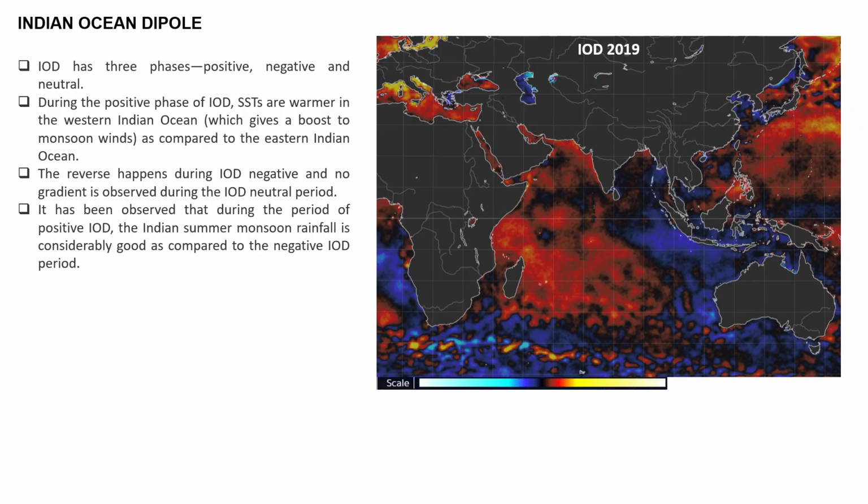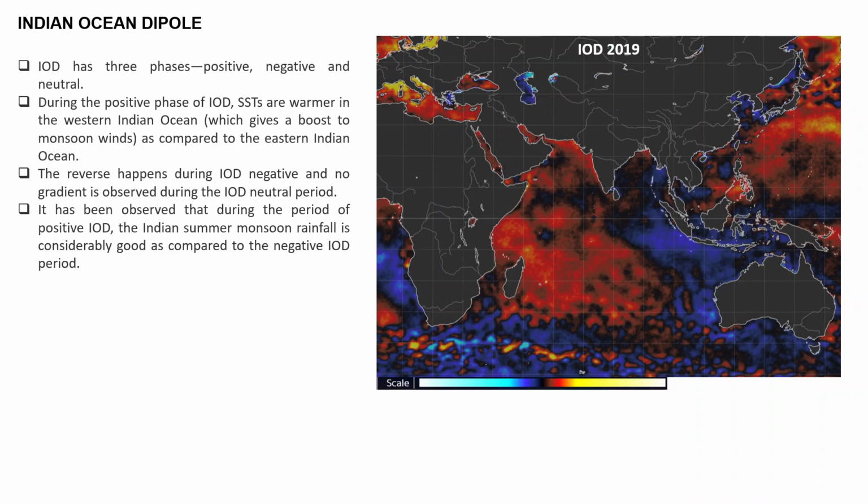A more recent phenomenon which was discovered in the year 1999 was the Indian Ocean Dipole. The Indian Ocean Dipole is a phenomenon in which the eastern and western sides of the Indian Ocean warm and cool alternately. That is called a dipole mode.